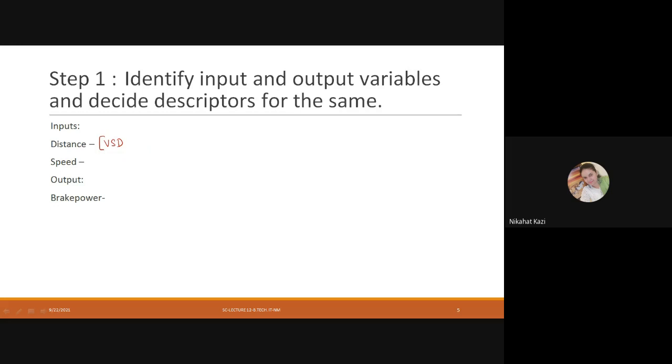Given this is the distance left and this is the speed of the train, what is the brake power that is needed so that it stops at the station? So the distance descriptors: very short distance, short distance, long distance, very long distance.